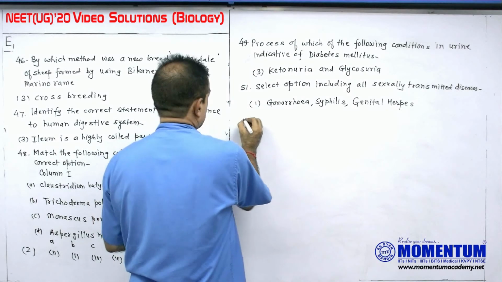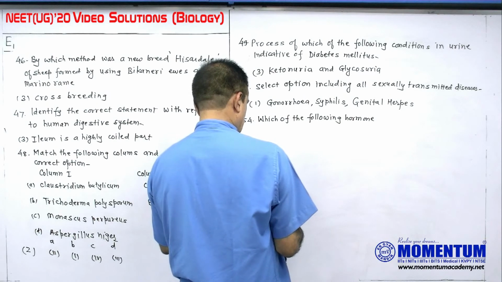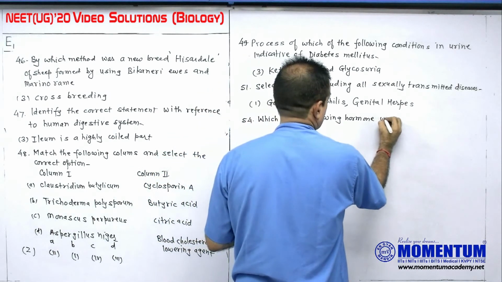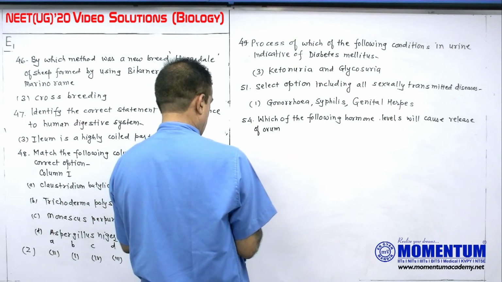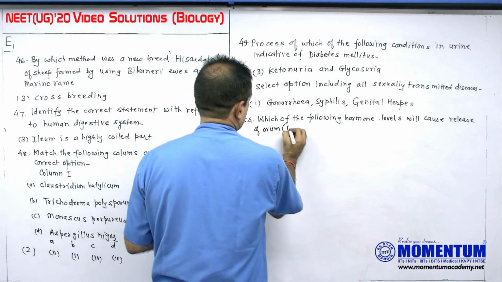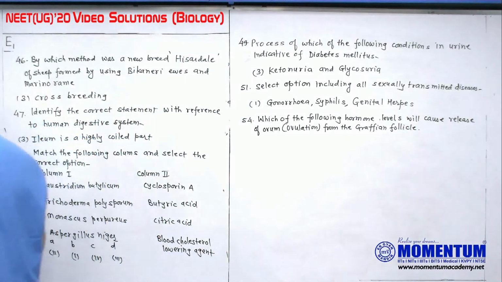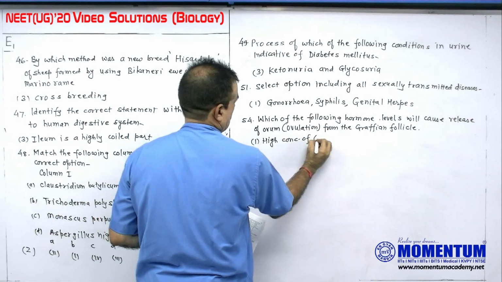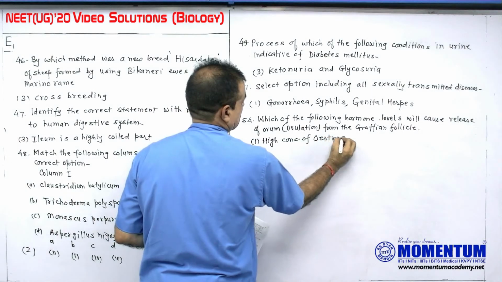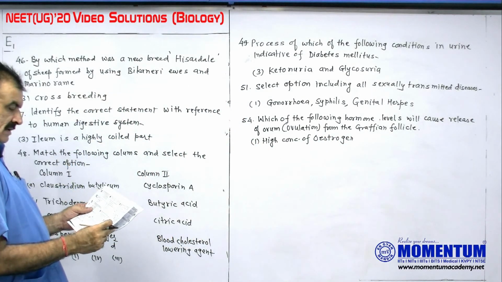Then 54: which of the following hormone levels will cause release of ovum from the Graafian follicle? High concentration of estrogen will cause release of egg from the ovary.